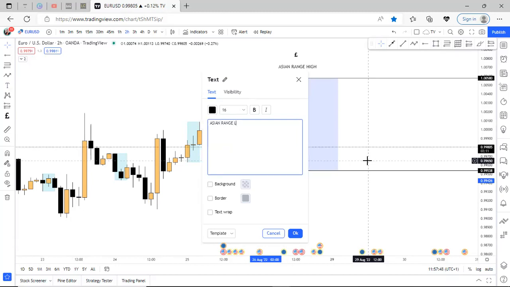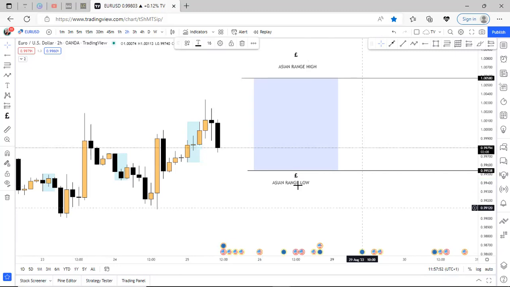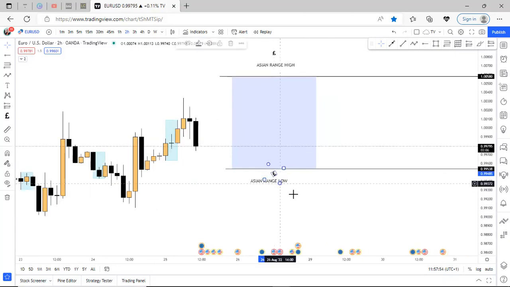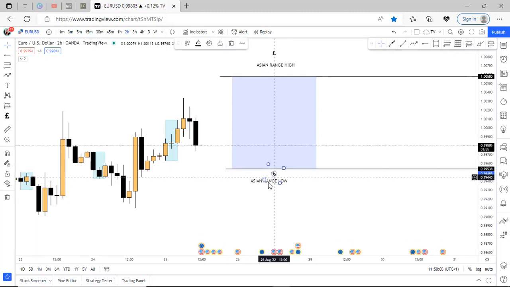There is liquidity to be grabbed at this Asian range low too. So anytime we have the Asian session, once it has been printed, just know the high and the low will definitely probably be grabbed during the next session.